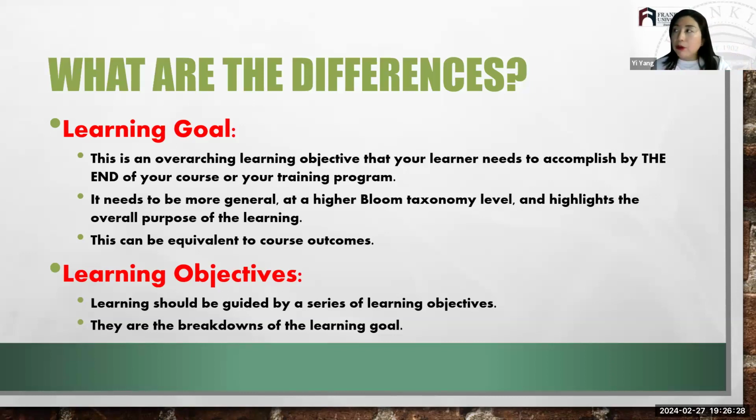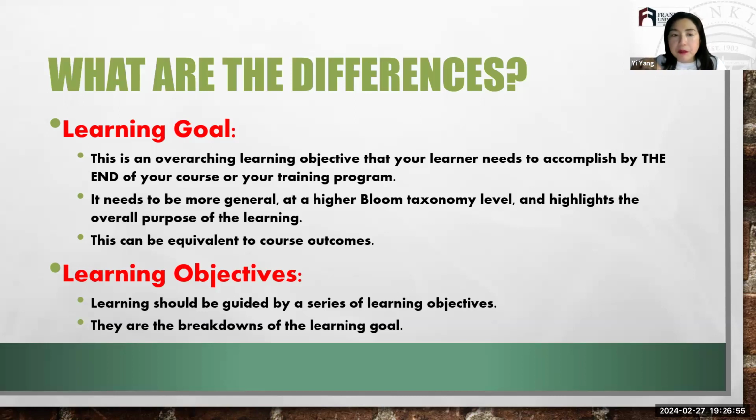You have read the Bloom taxonomy, which has knowledge, starting from knowledge, application, analysis, create, and so forth. It has to be at the higher Bloom taxonomy level. And the learning goal also needs to highlight the overall purpose of the outcome, of the learning.